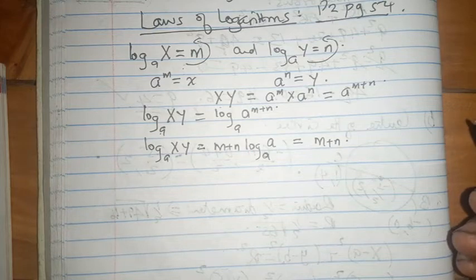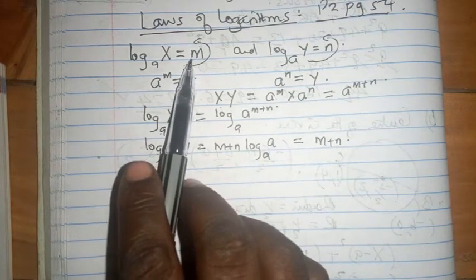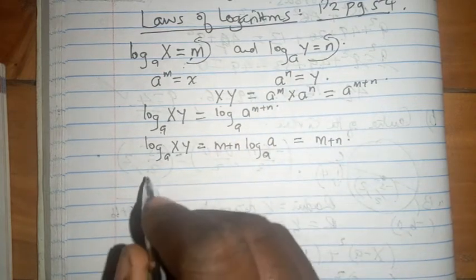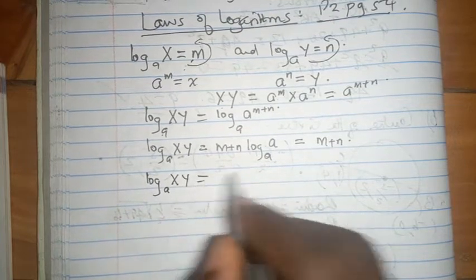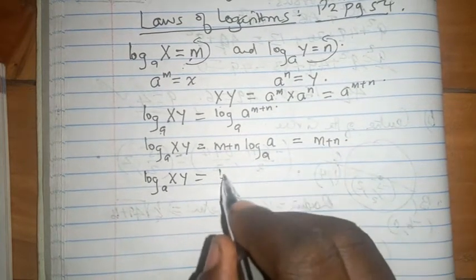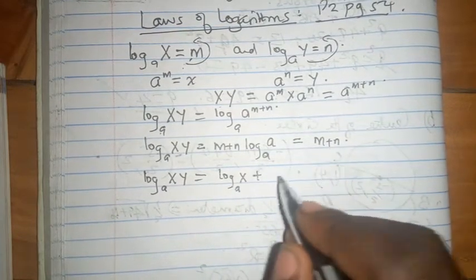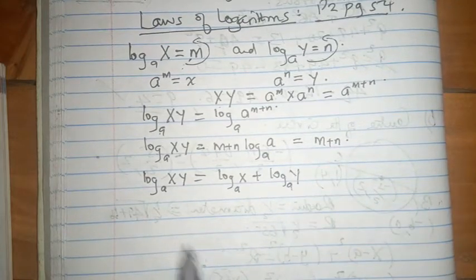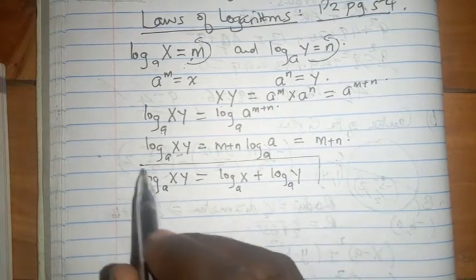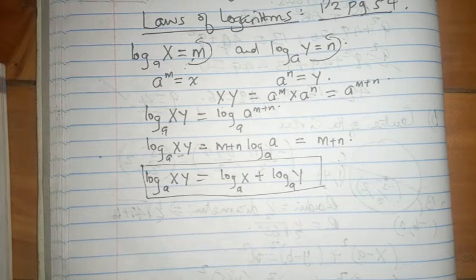And if you go back to the original values of m and n, you will realize that log to base a of xy is equal to log to base a of x plus log to base a of y. So this is the very first law, and you can rewrite it in any way.